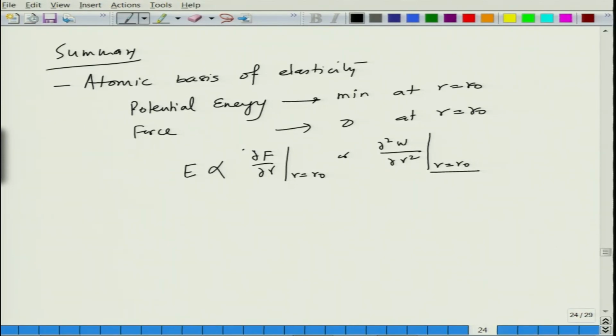Higher the curvature, higher the slope, more the modulus, which means the deeper and steeper the wells are, the more the curvature, the more the bond energy, the more the modulus. We saw a few examples, for example group 4 elements, and lithium, beryllium, carbon and some other elements.